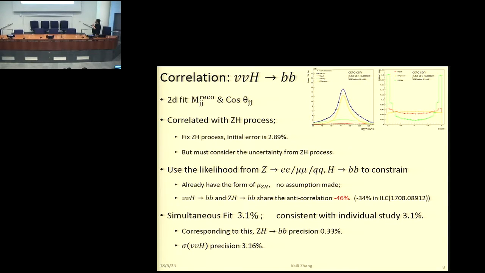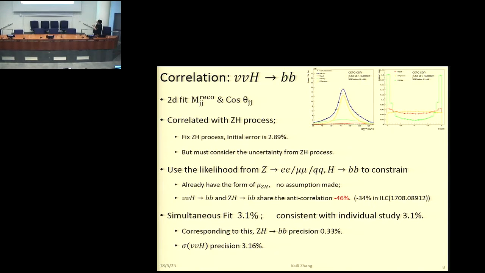So here, since we have the combination likelihood model, we can constrain the ZH process from the other ZH processes. And we can also find that the ννH, Higgs to bb, and the ZH, Higgs to bb share an anti-correlation of negative 46%. And this number in ILC is negative 34%.